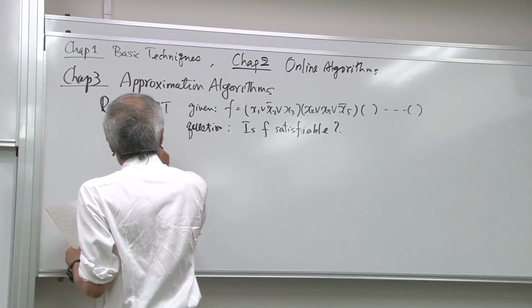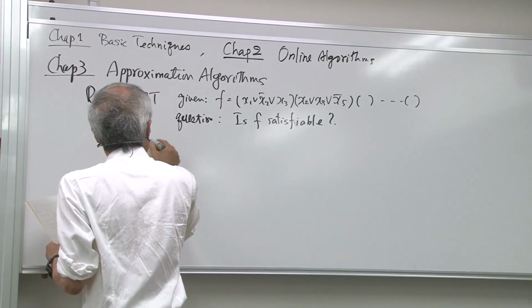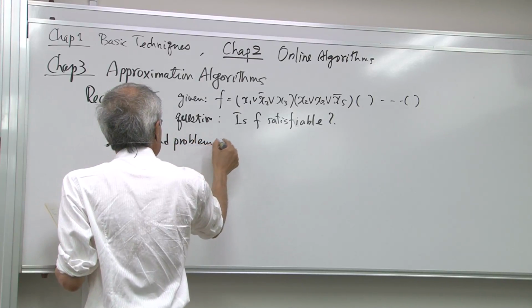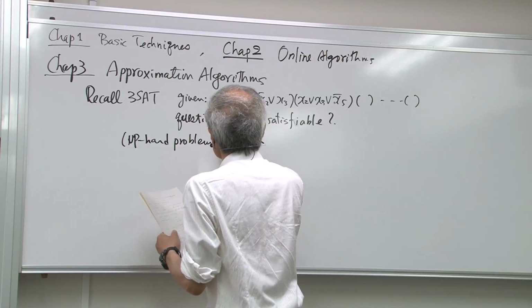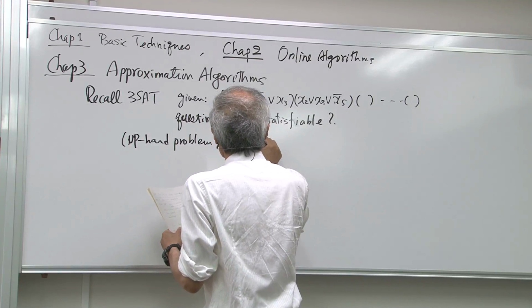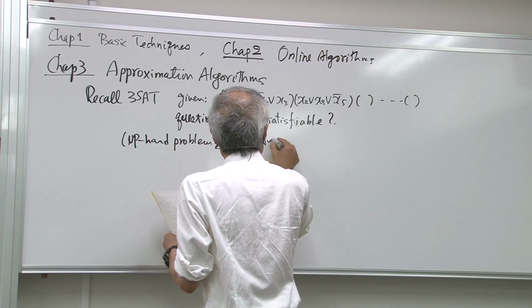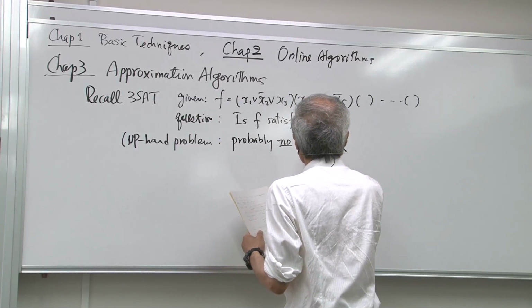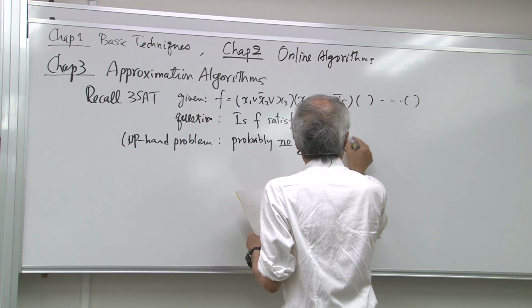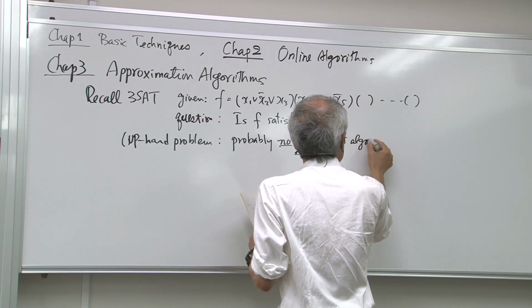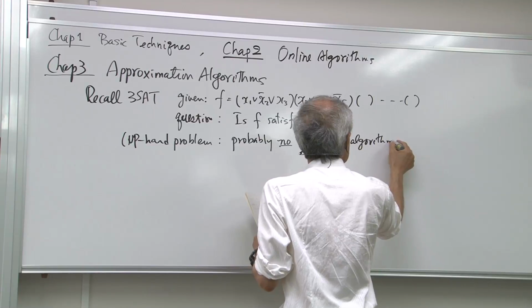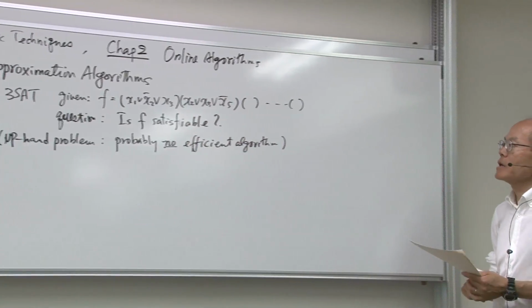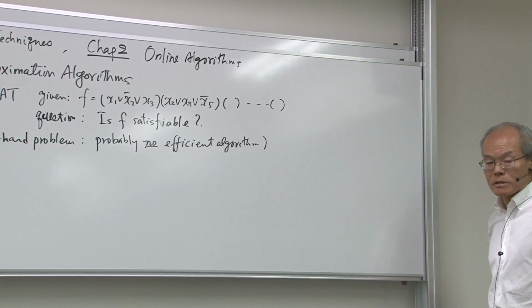And this is an NP-hard problem, meaning probably we don't have polynomial time algorithms.